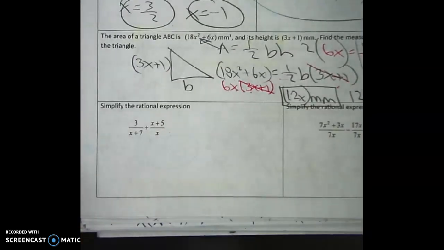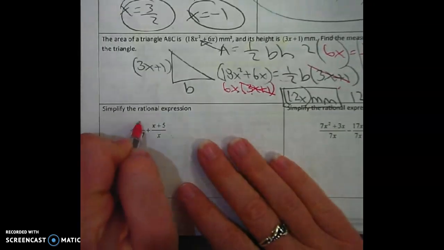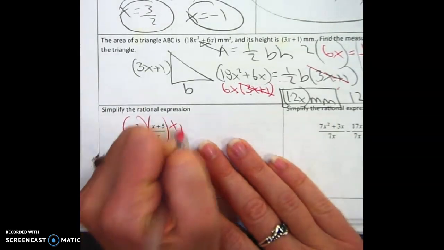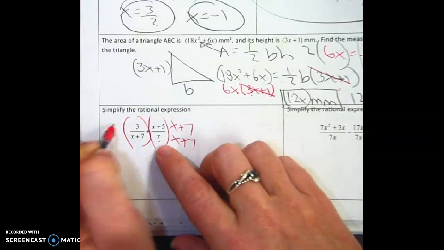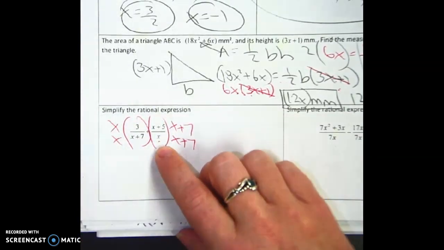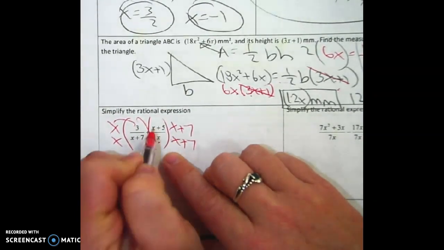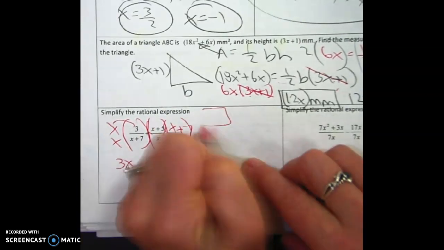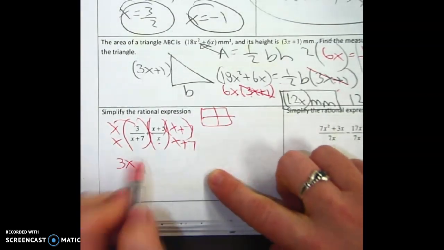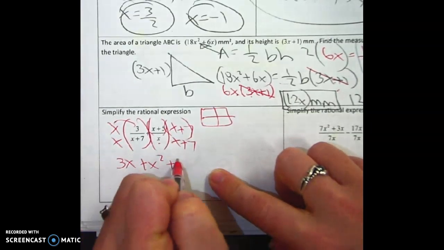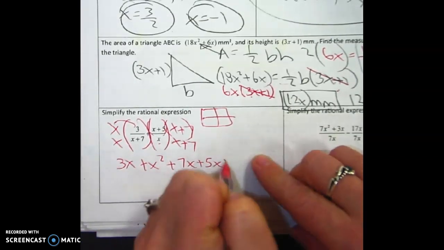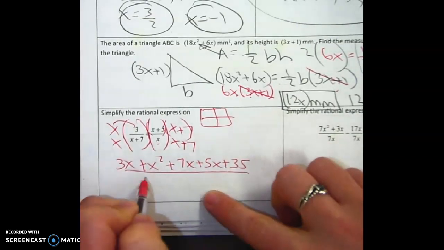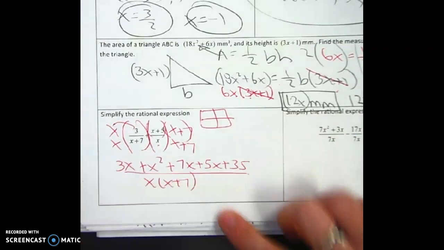All right, got to make the bottoms the same. So if this has an x plus 7, this needs an x plus 7. If this has an x, this needs an x. Distribute. Do your box. All over x times x plus 7.